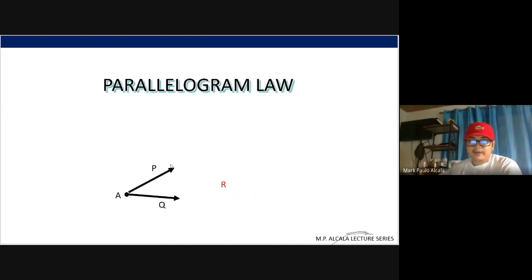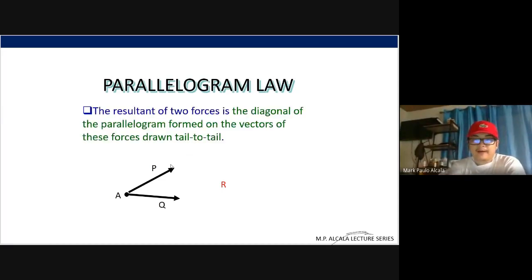What is the difference between the two? The parallelogram law essentially, we get the diagonal of the parallelogram that was formed from the forces. Okay, so in this case, R and P, we made the parallelogram and connect the diagonal.